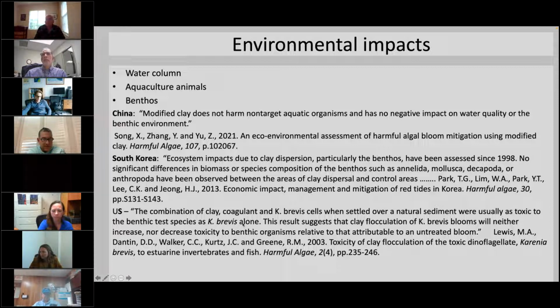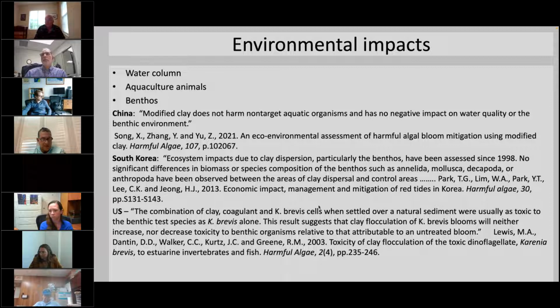You add clay, you still have impacts, but they're no worse than with Karenia alone. And that's an important thing. Sometimes we are told we have to compare the impacts of something like clay against a pristine or perfectly unaffected environment, but that's not a fair comparison. You need to look at the effects of clay versus the no treatment option, which is therefore the effect of the red tide itself.